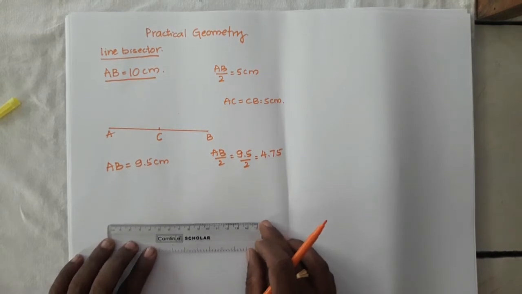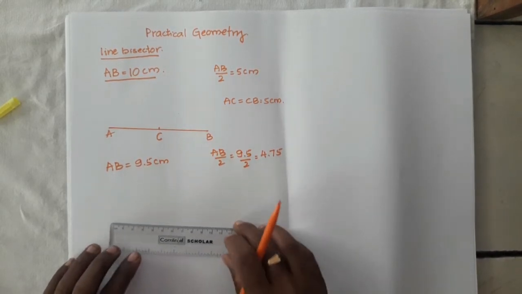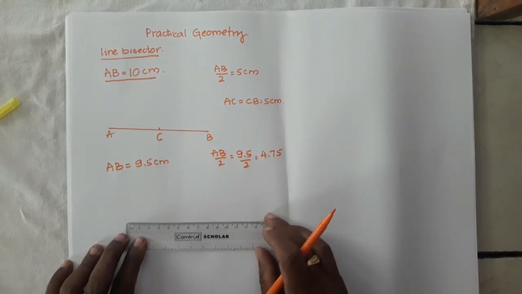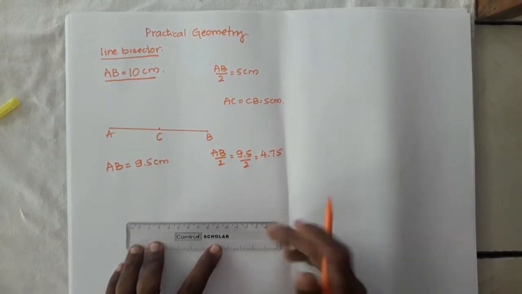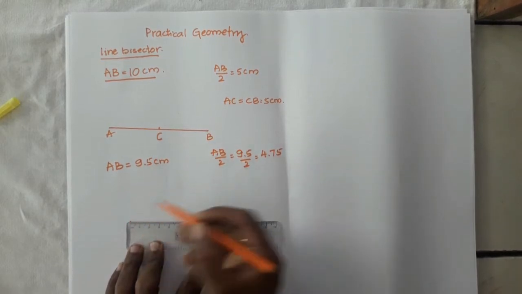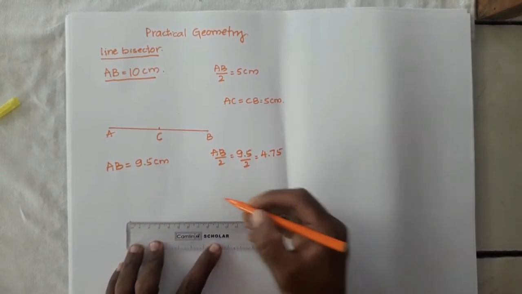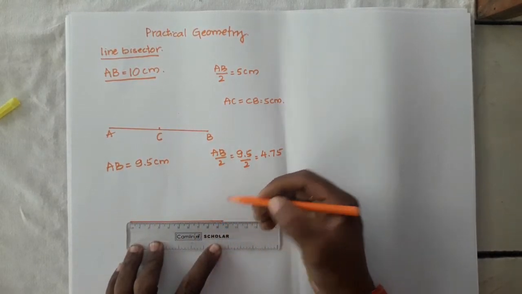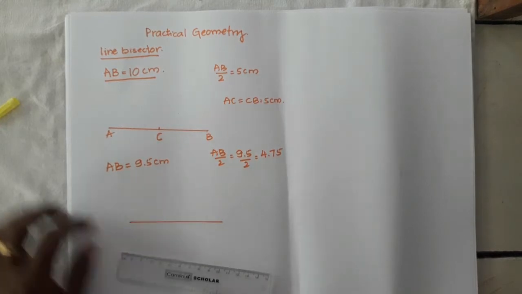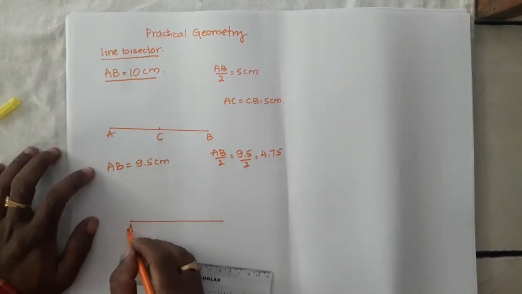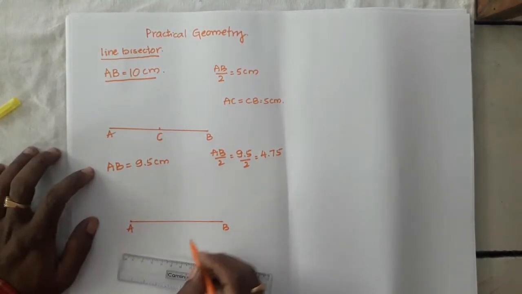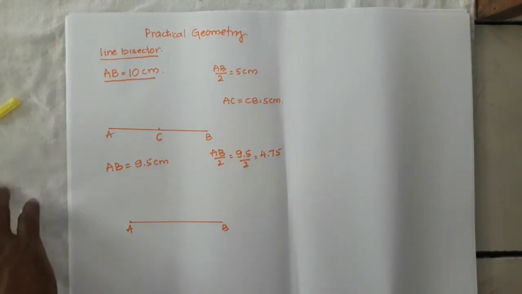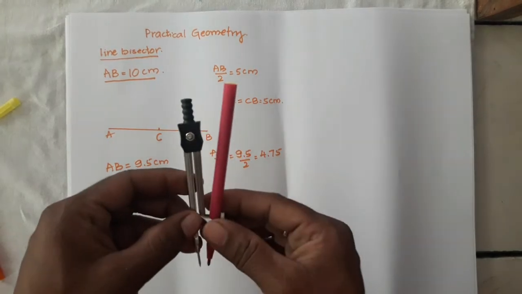In such cases, what you must do is draw a line segment of length 9.5 centimeters. Here is 9.5 centimeters. I am drawing a line segment of length 9.5 centimeters. Let me name this as AB. It's 9.5. Now to bisect, I'll make use of a compass.